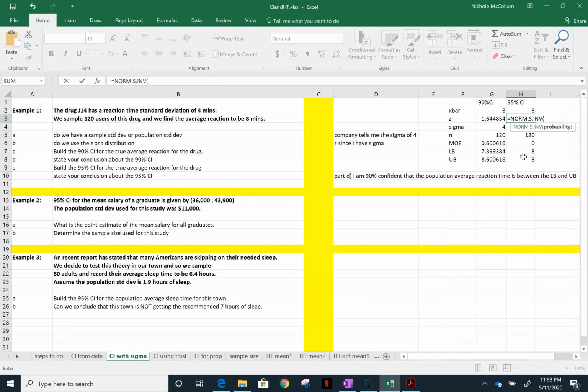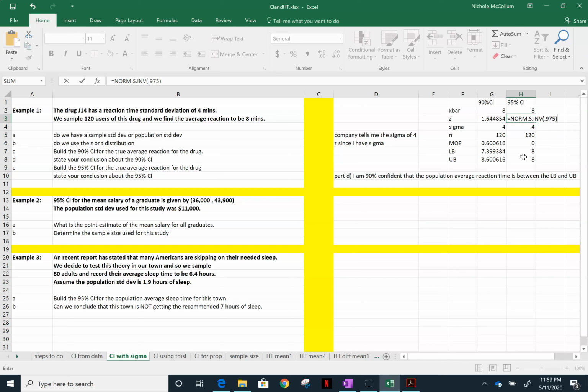I will not put in 0.95. I have to think about 95% is for the middle. So how much is there left on one of the edges? You guessed it, 2.5%. That's how much I'm adding to the 95% to get 0.975. I need you to think about that, okay? 95% is the confidence interval.